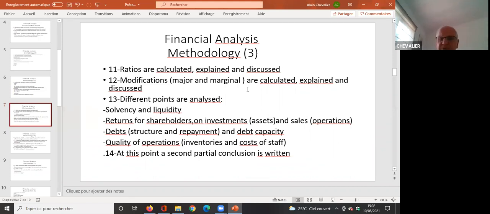The quality of operations can be at least partly measured and managed using ratios, and this is very essential for firms.